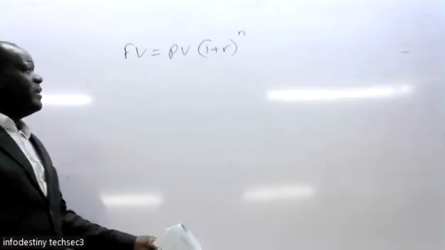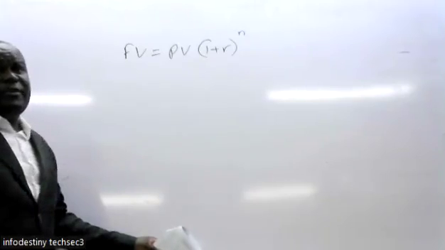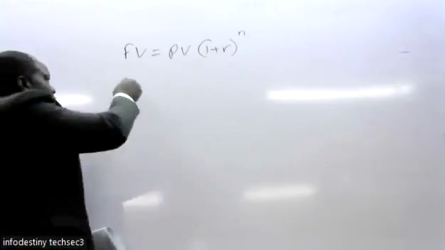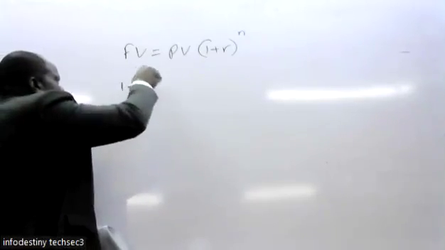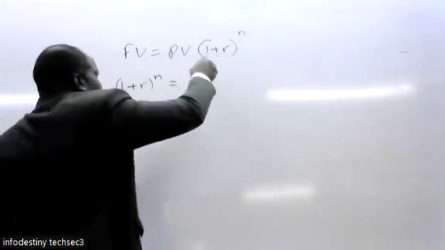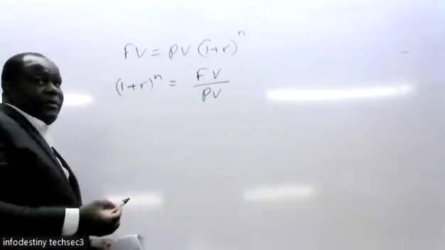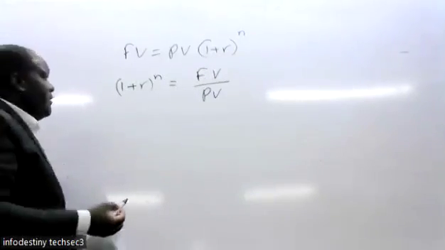So we are looking for the future value. We want to make R the subject, because R is what will be the depreciation rate. So 1 plus R raised to the power of n will be the same as the future value divided by the present value.